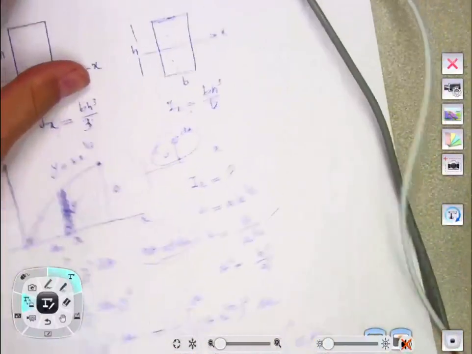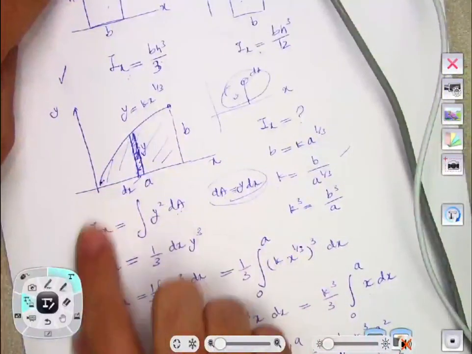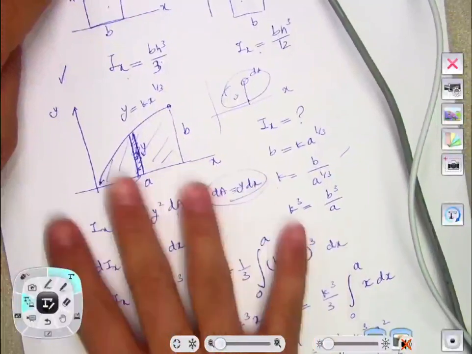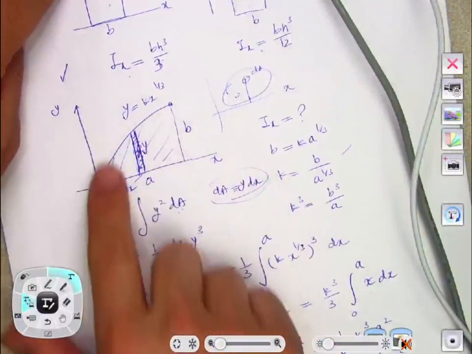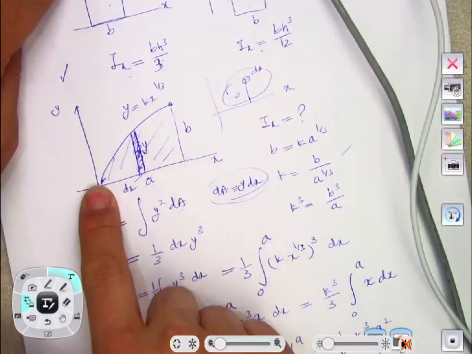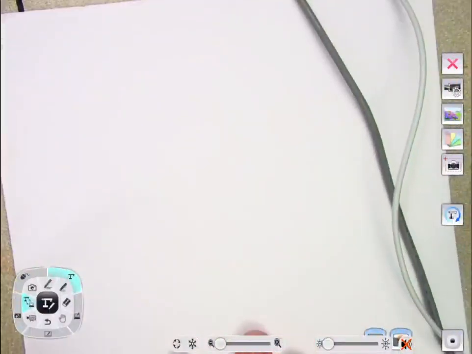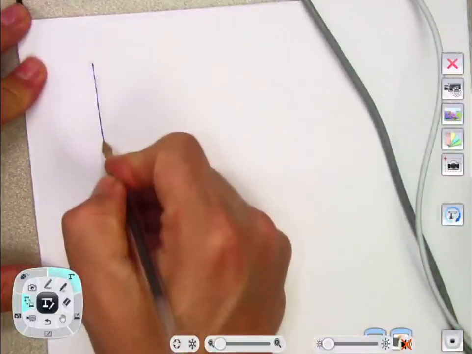Alright, so what if I'm interested in the moment of inertia of this shaded area about the y-axis? What we did here is called moment of inertia by integration. So the question now is, what would be the moment of inertia about the y-axis? Let's do that. For that, I can still use the same differential element I had.